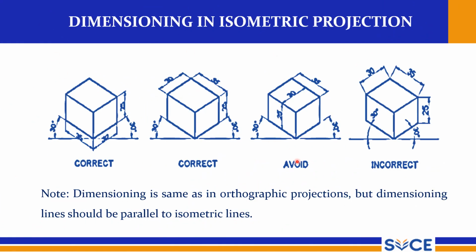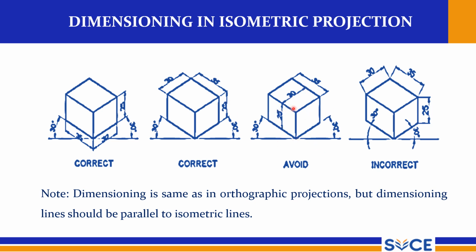Dimensioning we are not actually going to do, but this is the correct way to represent dimensions. Whatever dimension line you draw should be parallel to the isometric axis. That is the case here, whereas here it is inside.